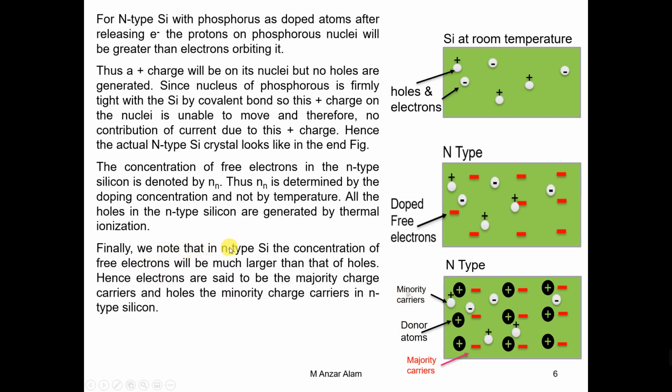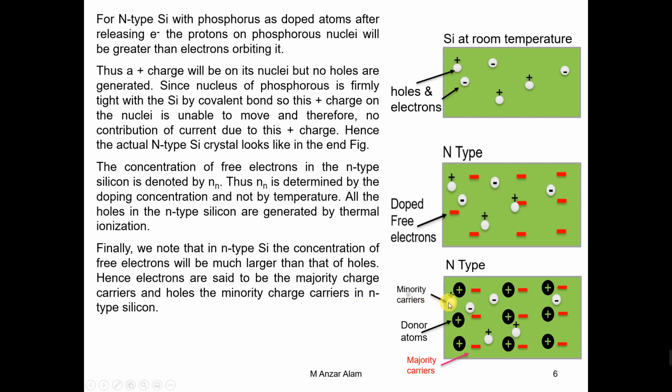Finally, we know that in the n-type silicon, the concentration of free electrons will be much larger than that of holes. So we understand that the number of free electrons is much greater than the number of holes.